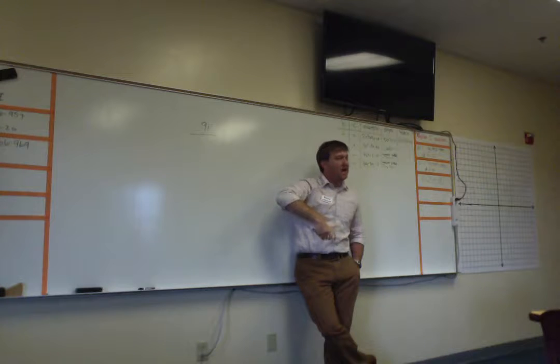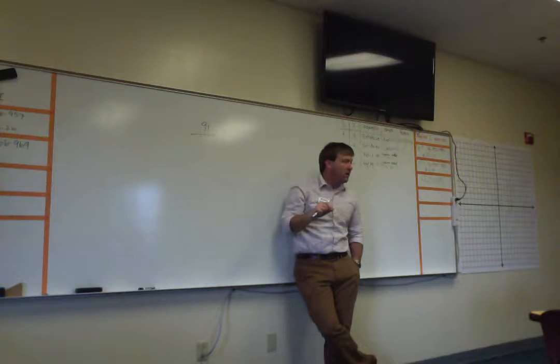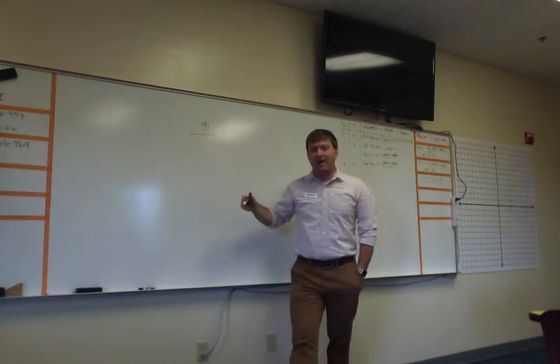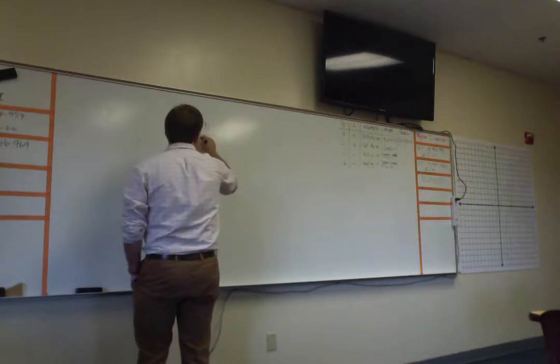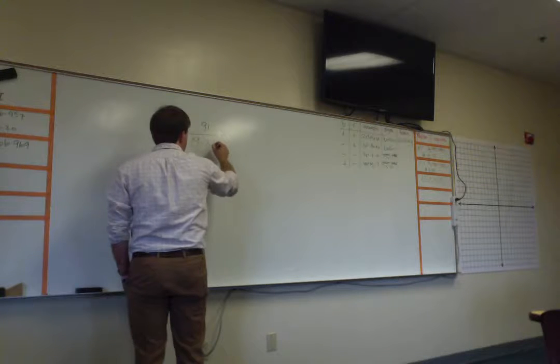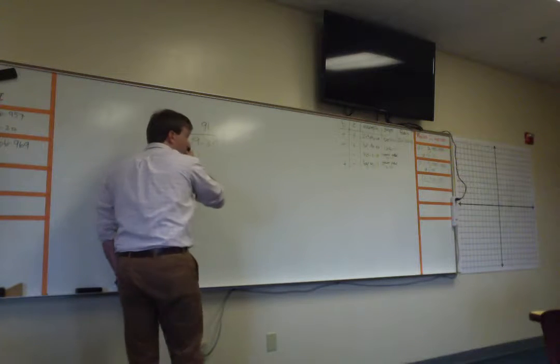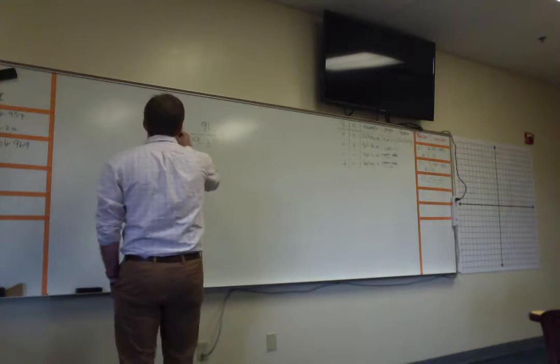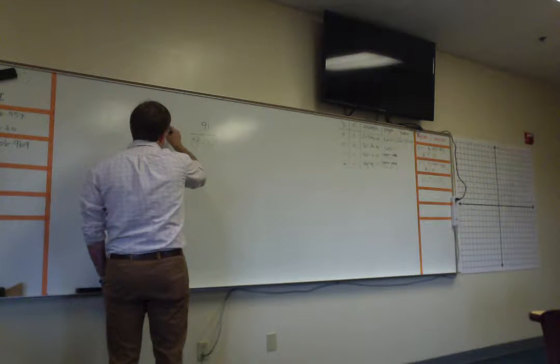Okay? I overcounted by all the times that 1, 2, and 3 are not the first 3. Regardless of what order 1, 2, and 3 come out. So if I divide by that, that will get rid of the overcounting. So this is 9p3.